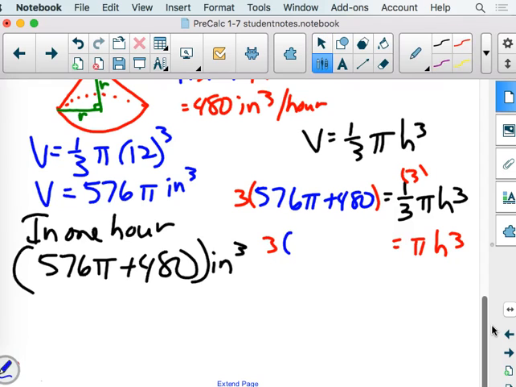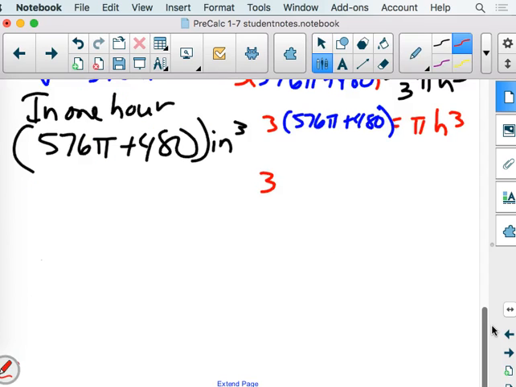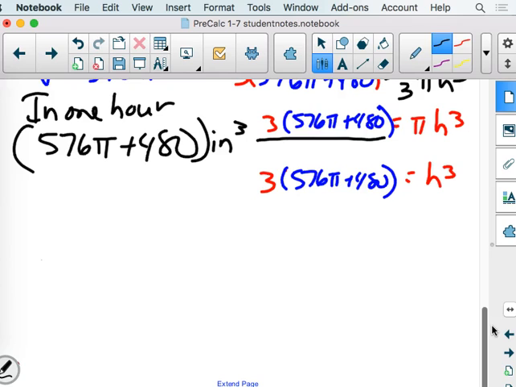So we've got our 3 times 576 pi plus 480, and that equals pi h cubed. Give me another step to get h by itself. Divide by pi. All right, so it looks like that.